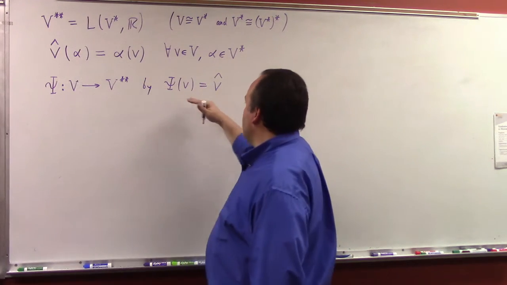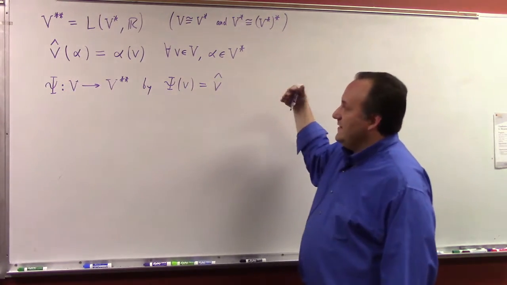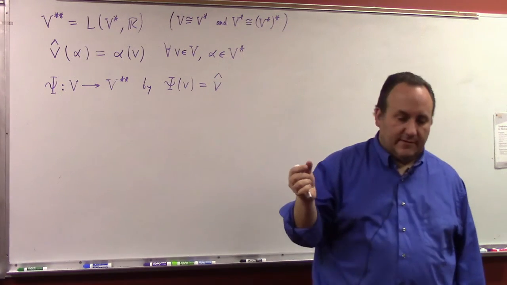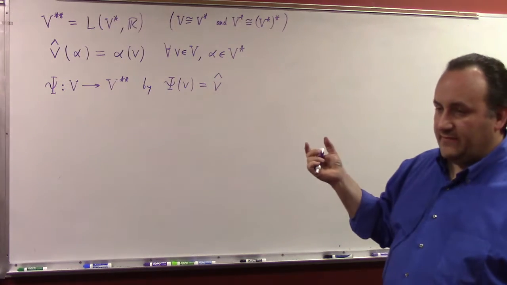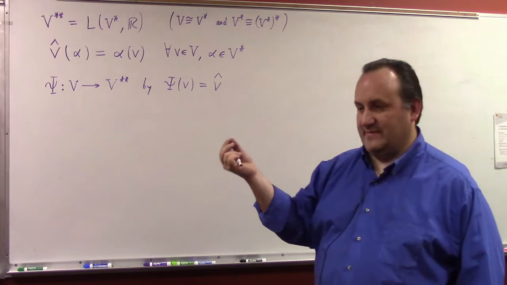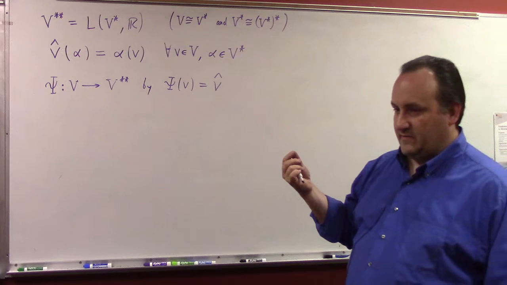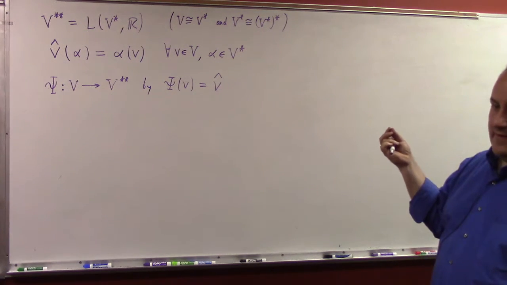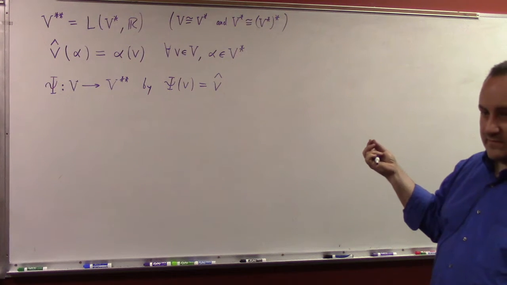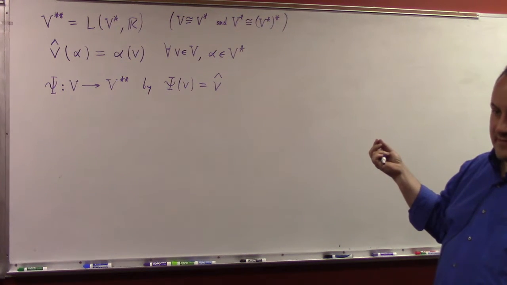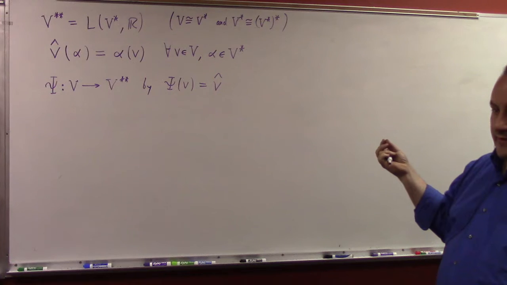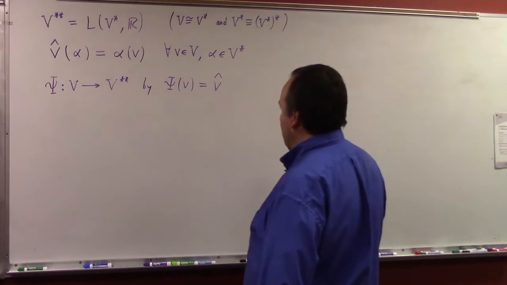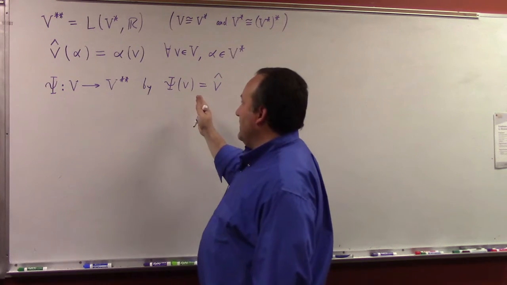So when I think of a vector in a given vector space V, I sometimes don't think of it as an active object. I think of it as a passive object. It's just sitting there, pointing in a certain direction. But this viewpoint means that we can think of vectors as operators on dual vectors. And that's a viewpoint we typically take advantage of. We allow ourselves to let vectors act on dual vectors.